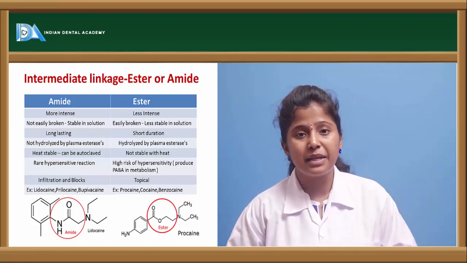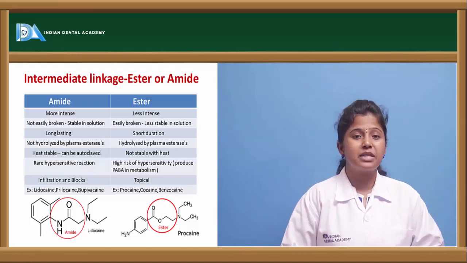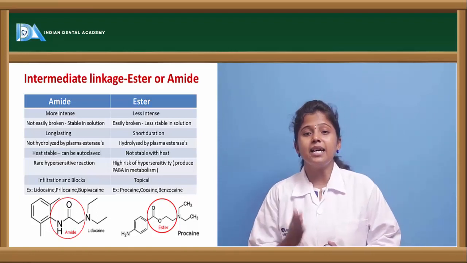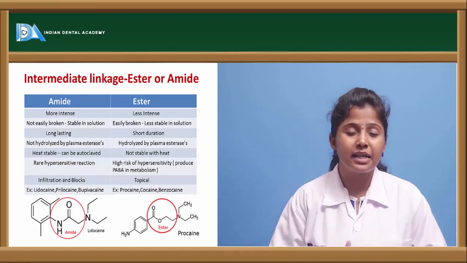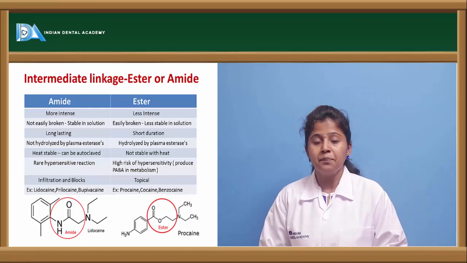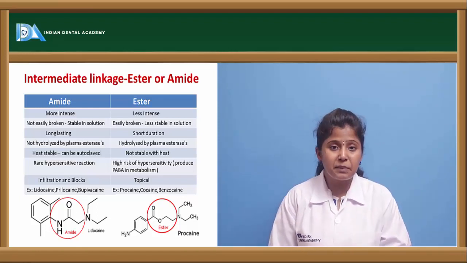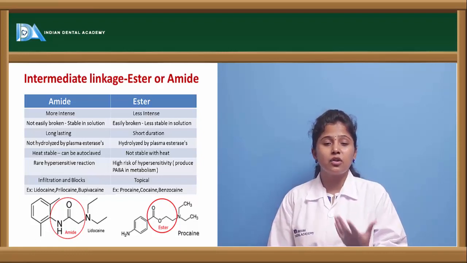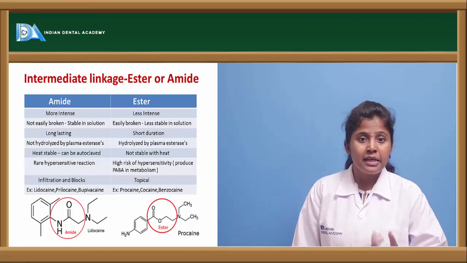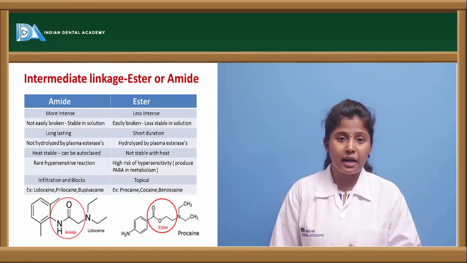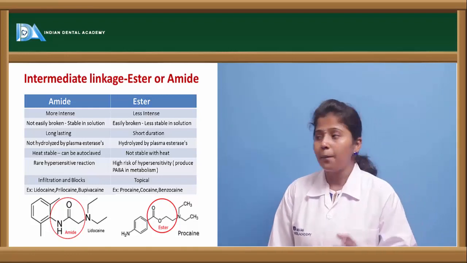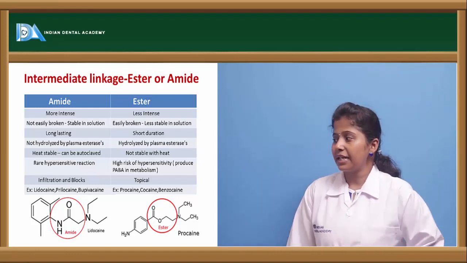There are many plasma esterase enzymes present in the blood which break down linkages. Amide linkages are not susceptible to these plasma esterases, and thereby the amide linkage is not that easily breakable, and they are heat stable.